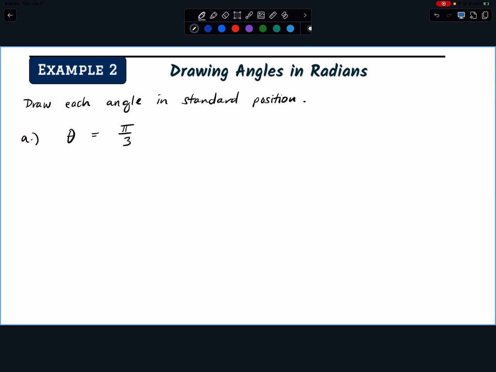So question, is this angle on our unit circle?